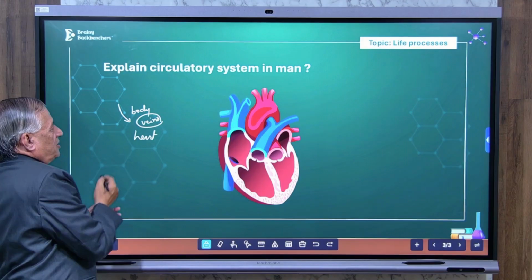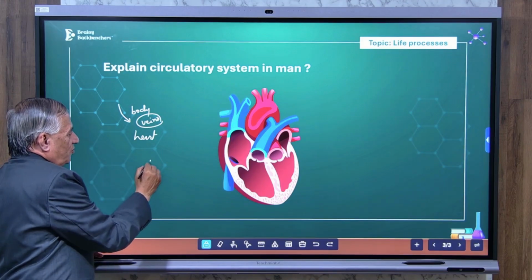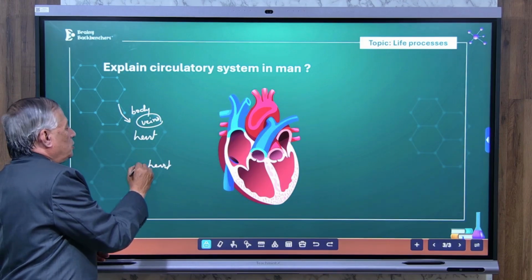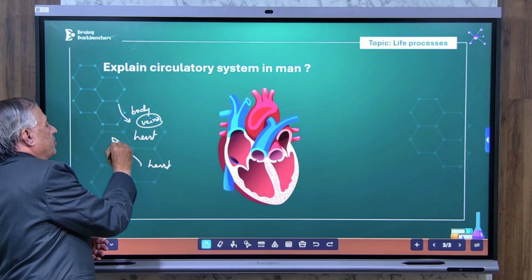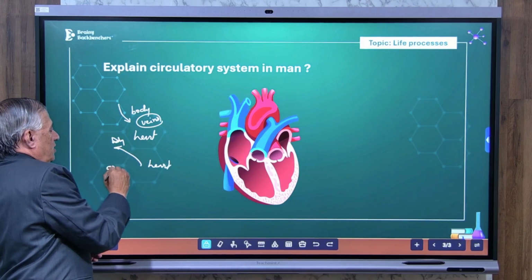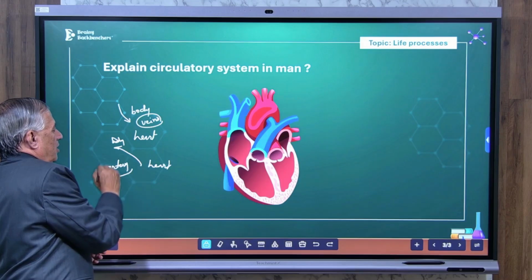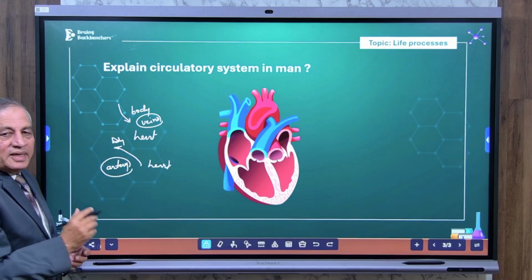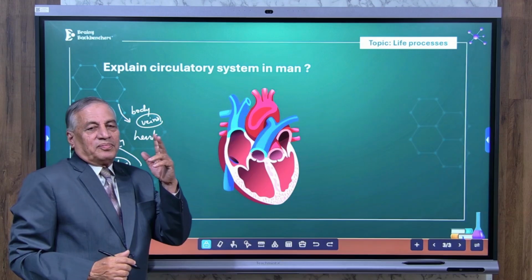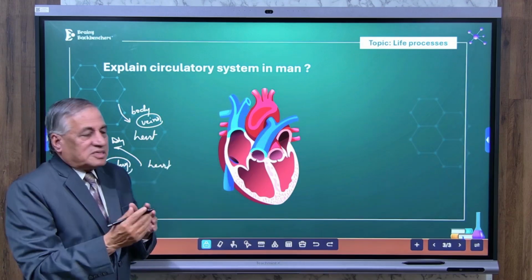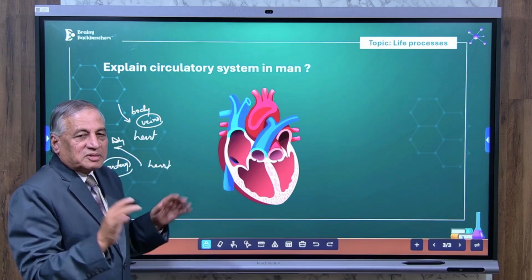Another type of vessels take blood from the heart to the body. They are called arteries. Here we have two types of blood vessels.